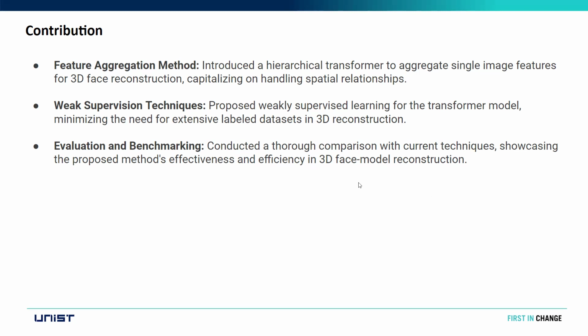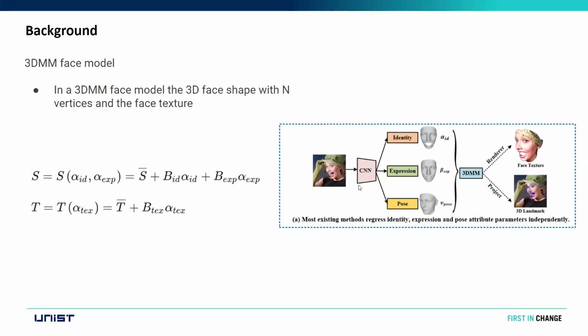3D face construction. Just to give a little bit of background, in face reconstruction most of the techniques are done using a 3D face model. In the 3D face model, there is a 3D face with a certain number of vertices and face textures.